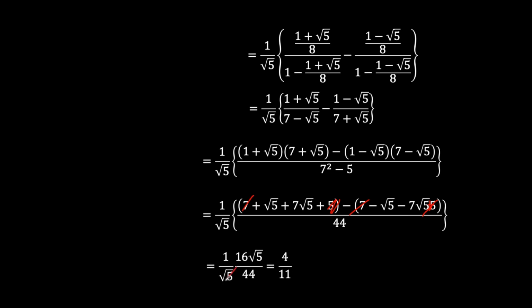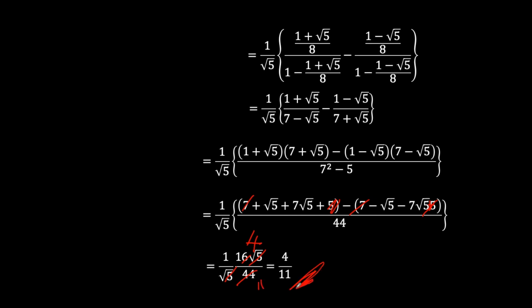And then since this cancels with this, 16 divided by 44, by 4 goes 4, and then by 4 becomes 11. So our final answer is 4 by 11. And this is the answer to this problem.